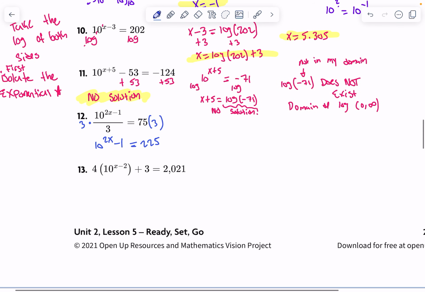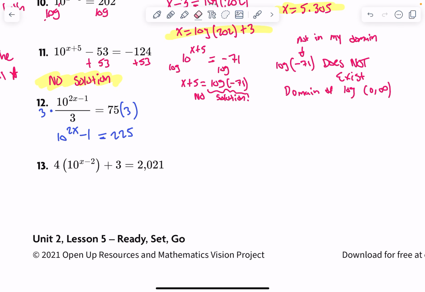Now, just to make this clear, this is to the power up here. Now I take the log of both sides. So now I'm left with 2x minus 1 is equal to log of 225. Now, the rest kind of falls through.